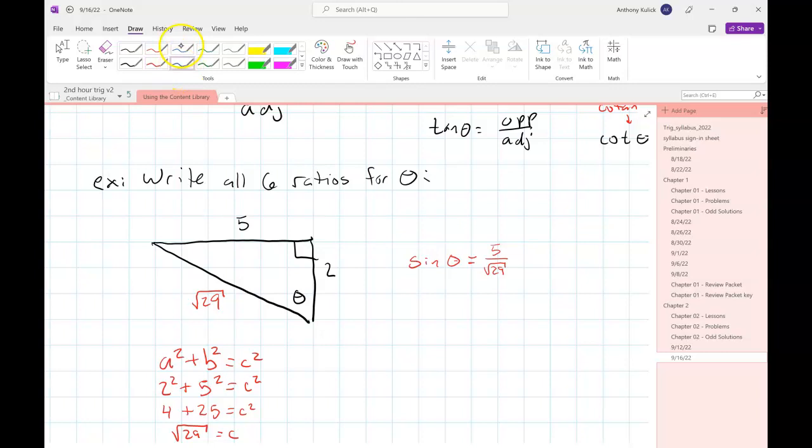The square root in the denominator. How do we get rid of it? Multiply the top and bottom by the square root of 29. Everybody feel good there?